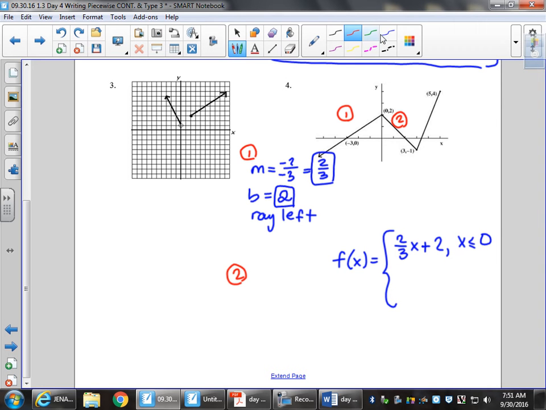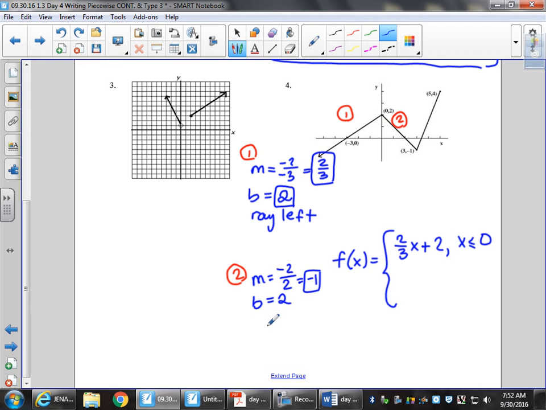Slope for piece 2. Let's see. Down 1, 2, right 1, 2. So down 2 would be positive or negative? Negative. Right 2 would be positive or negative? Positive, equals negative 1. Very good. Intercepts.